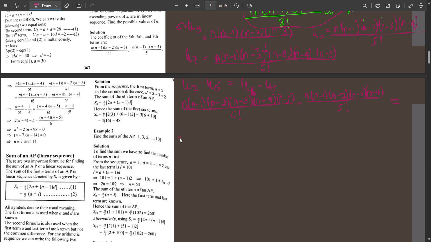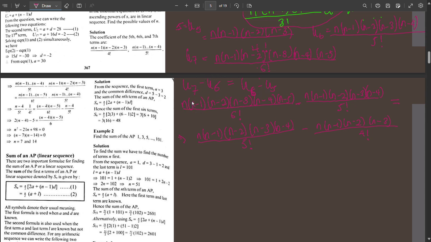This is equal to. A way to simplify this is to divide by an expression that's common to all the terms.